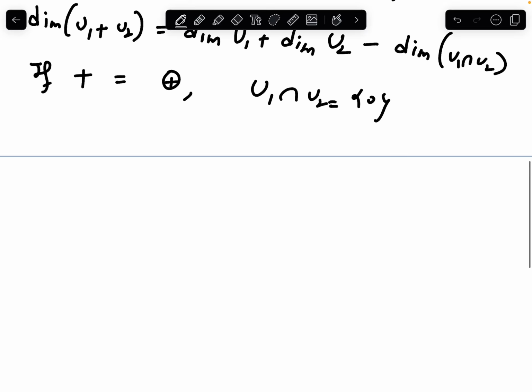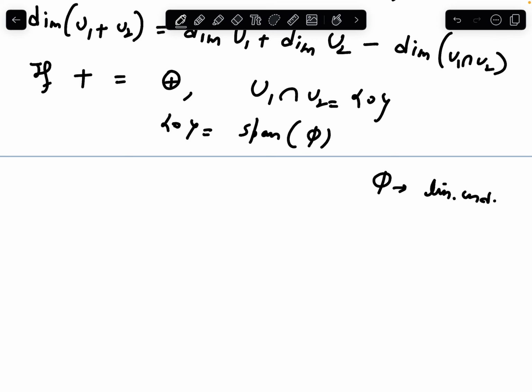Now, the zero space is said to be spanned by the empty set, and empty set is considered to be linearly independent. So, what will be dimension of the zero space? Well, empty set has no elements inside it, so zero, right?